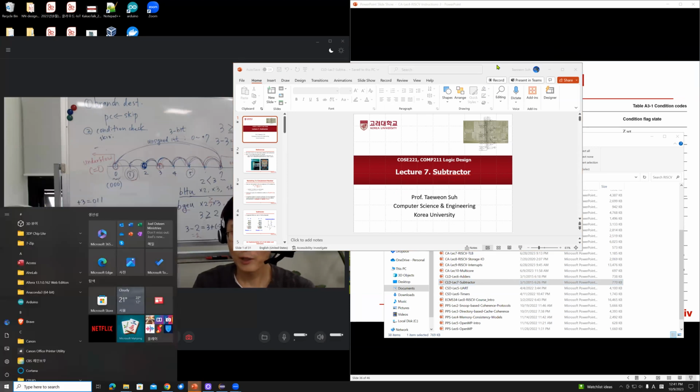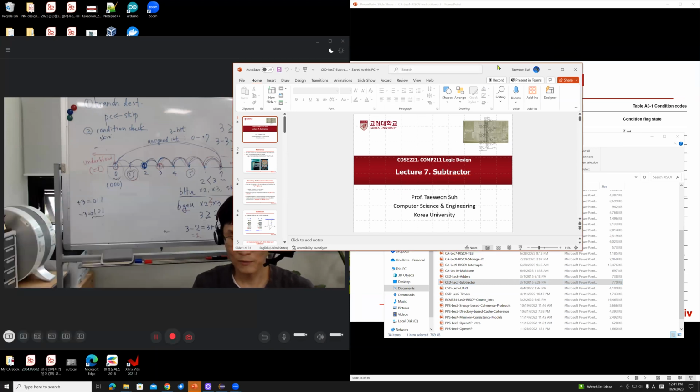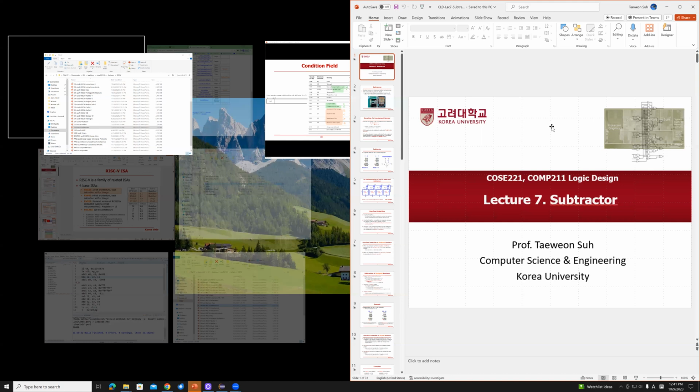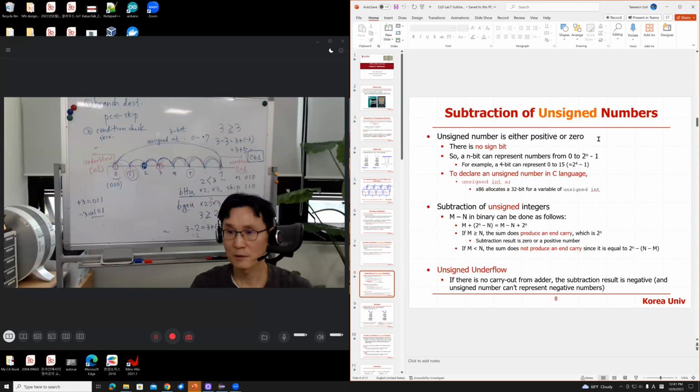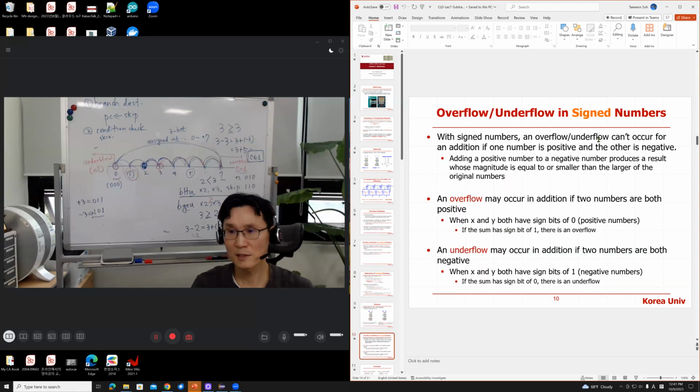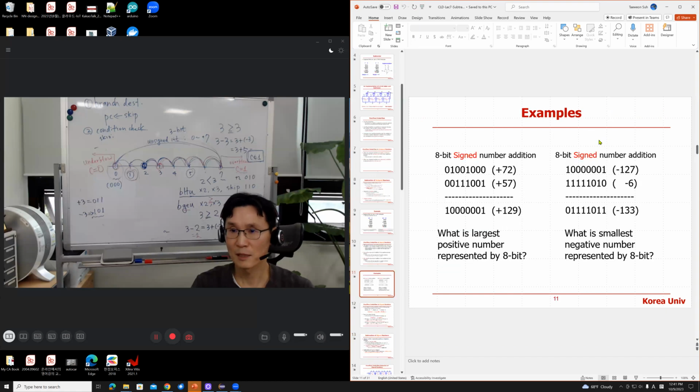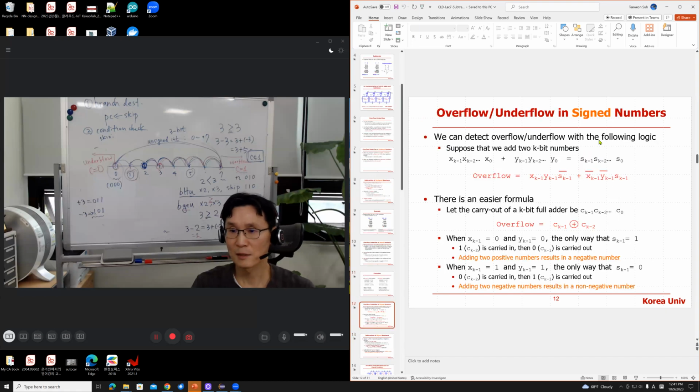So we are using the same thing, the overflow, underflow mechanism. So overflow and underflow, right? On unsigned numbers, things are simple. On signed numbers, a little bit complicated. But overflow happens.